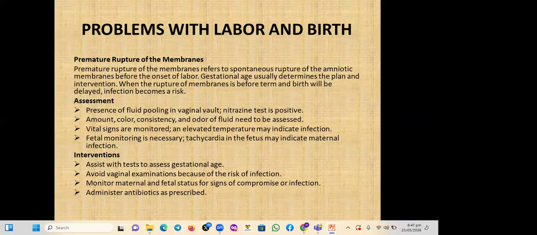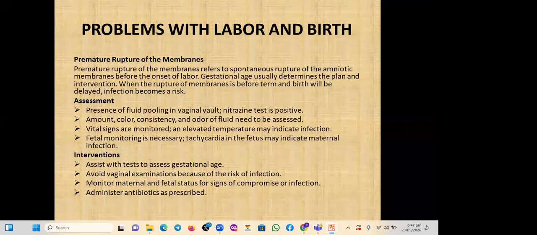And then in the assessments, they say that temperature is maybe 38 point something or 101 Fahrenheit. And then fetal heart rate assessment is done, and you notice that fetal heart rate is also high. Quickly, what should come into your mind is there is a premature rupture of the membrane that is likely leading to infection.